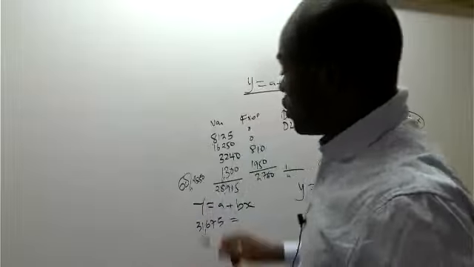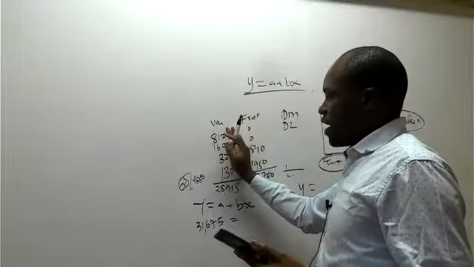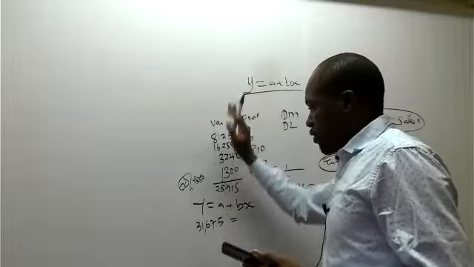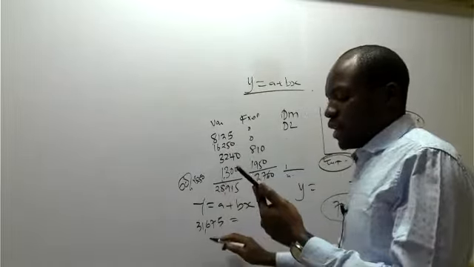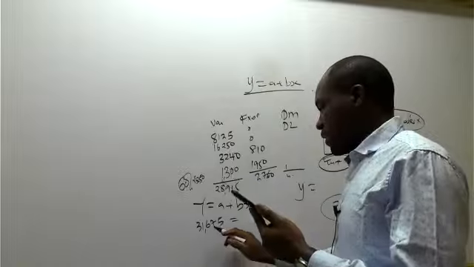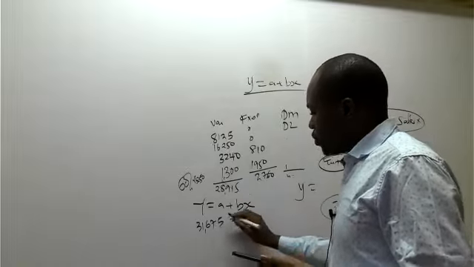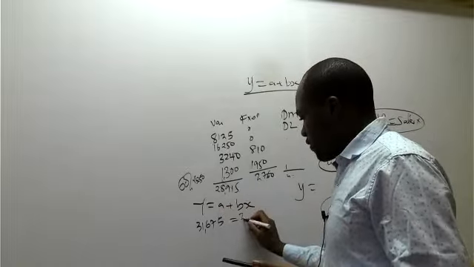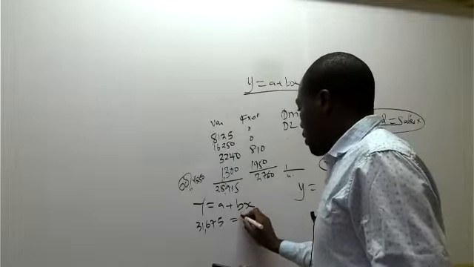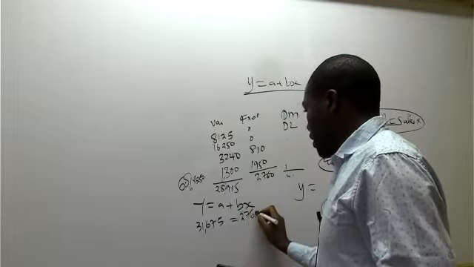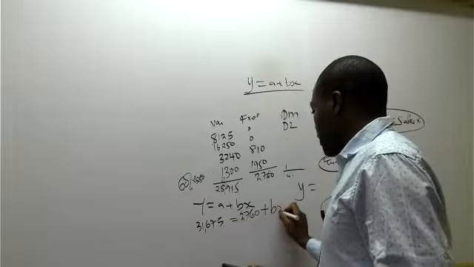Here you were given the total cost, which is 31,675, equal to fixed cost 2760 plus bx.